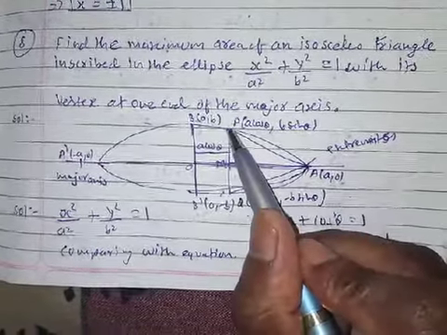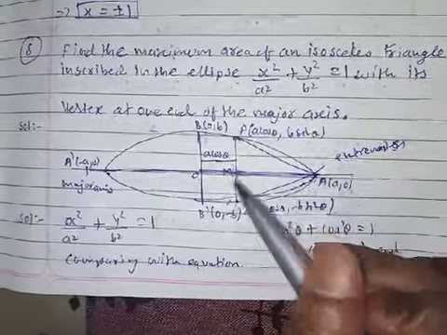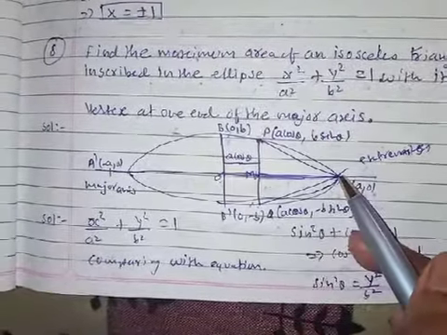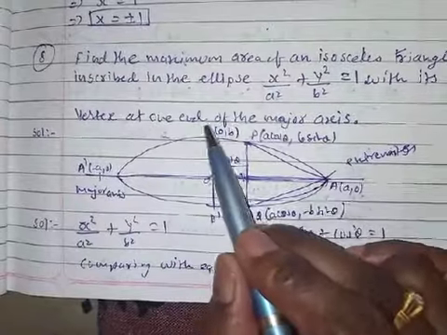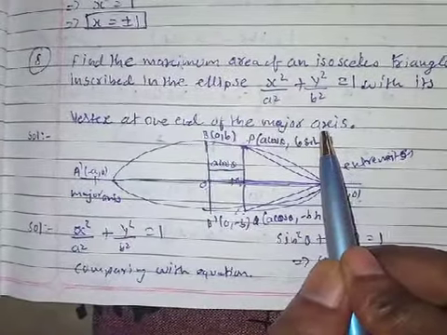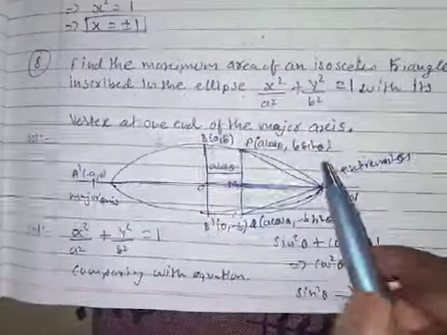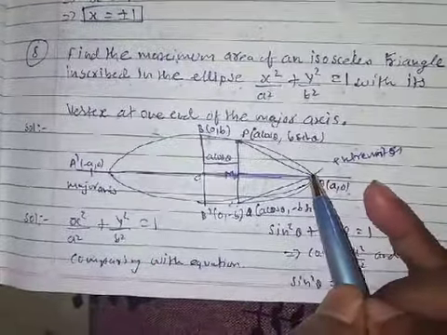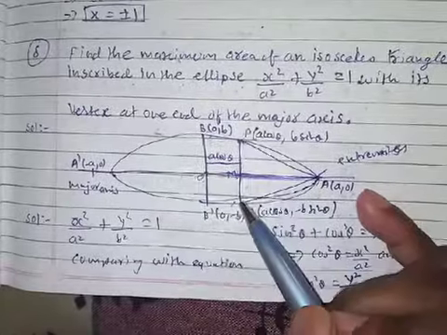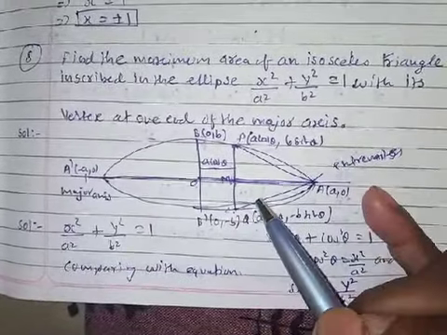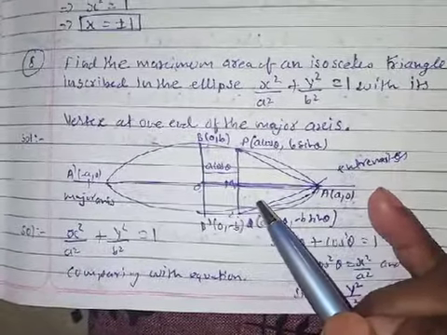P and Q are points on the ellipse, and A is a point on the vertex, which should be one end of the major axis. Of these 3 points of the isosceles triangle, one should be at the end of the vertex. So A we have taken on the vertex, and P and Q on the curve. Naturally, it is an isosceles triangle.